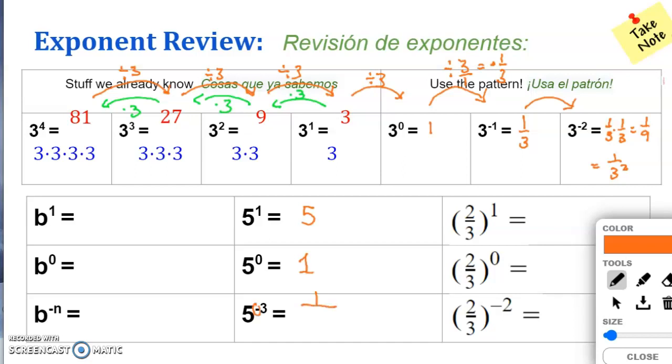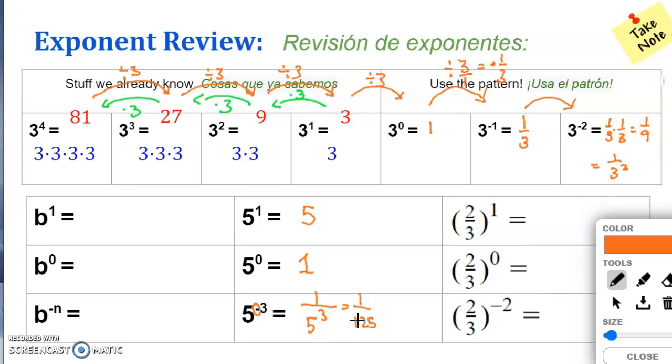This takes care of that negative sign. Everything else stays the same, that's 5 to the power of 3. So it's 1 over 5 to the power of 3. And I know that 5 to the power of 3 is the same as 5 times 5 times 5, which is 125. So it's 1 over 125.